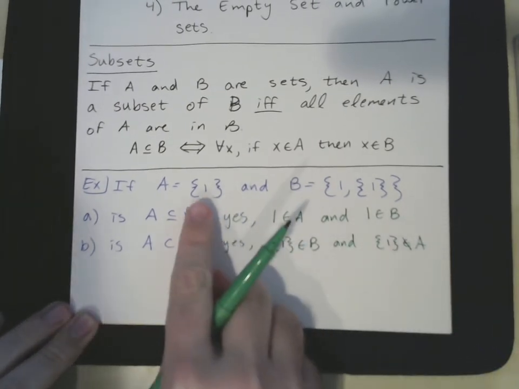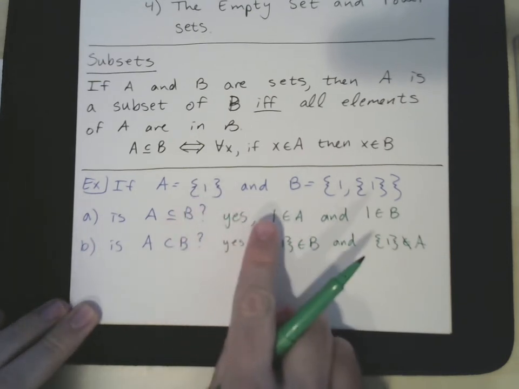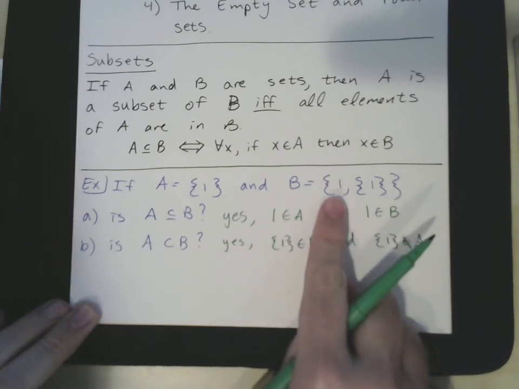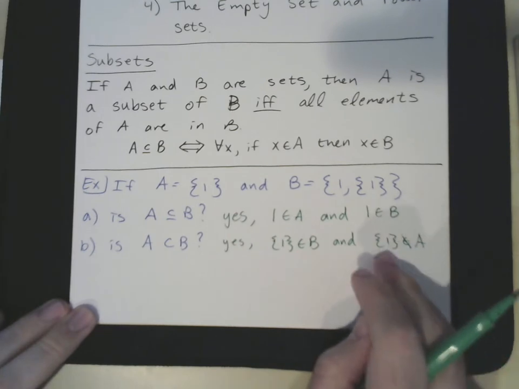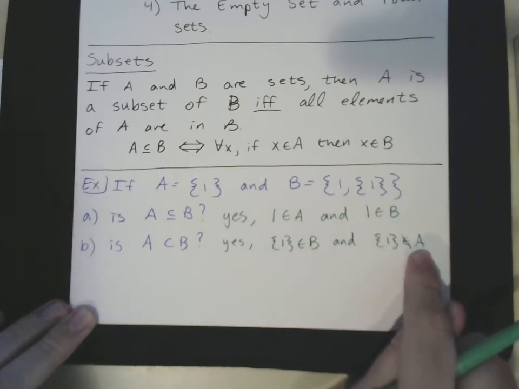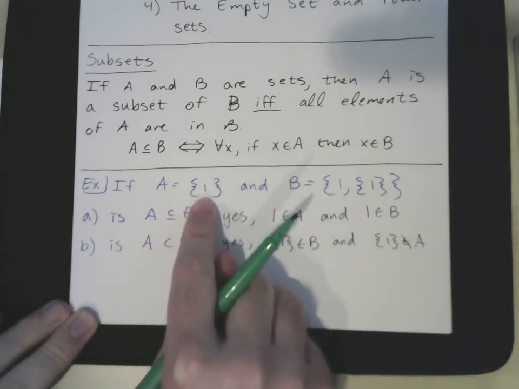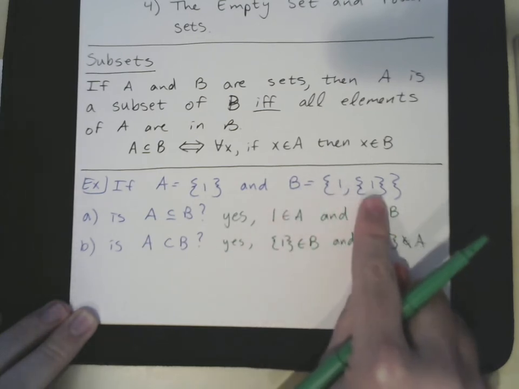The singleton set 1 is A, but inside A is just the element 1, whereas B has the element 1 and the singleton set 1. So A is not an element of A, because A is the collection of things that makes up the set. Inside the collection B, we have 1 and another collection of 1 element.